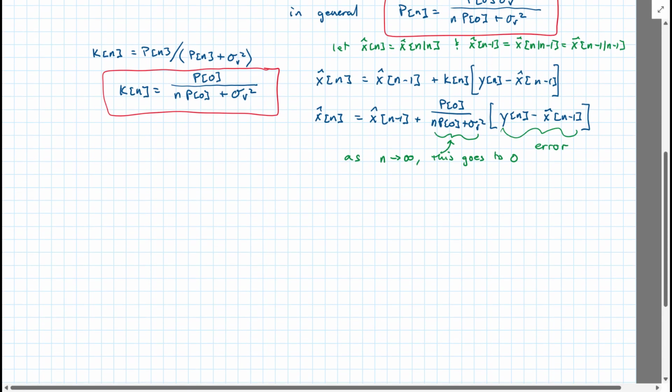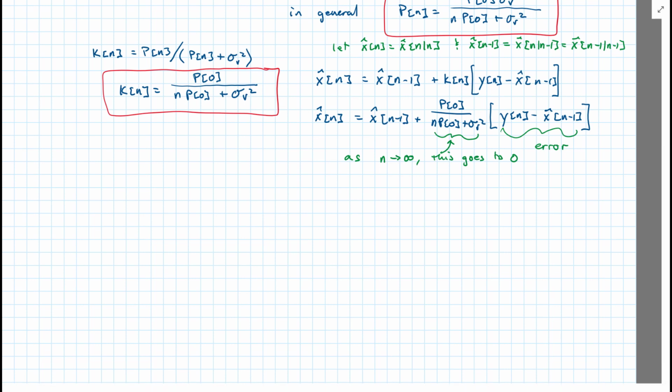And you note once again that this is regardless of any particular observations of x. This is not a function of x. Regardless of what x is doing, as n goes to infinity, we stop updating.